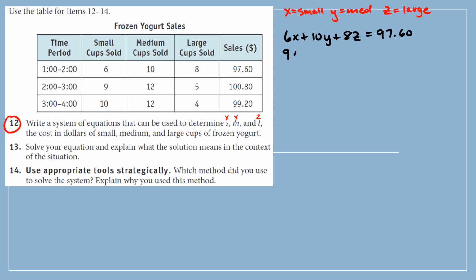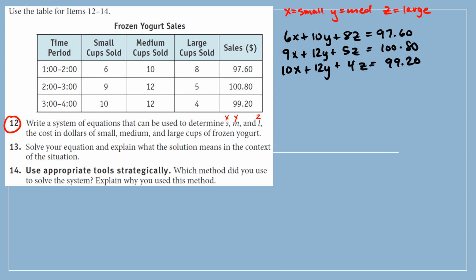Then 9 smalls, 12 mediums, and 5 larges made a sale of $100.80. And lastly, 10 small, 12 medium, and 4 larges made a sale of $99.20.